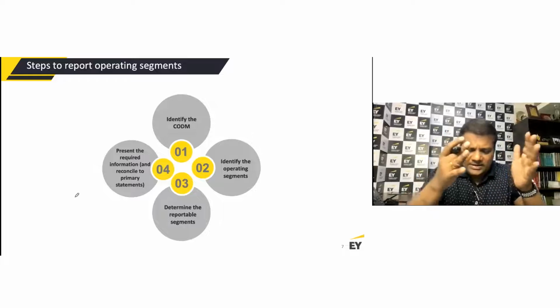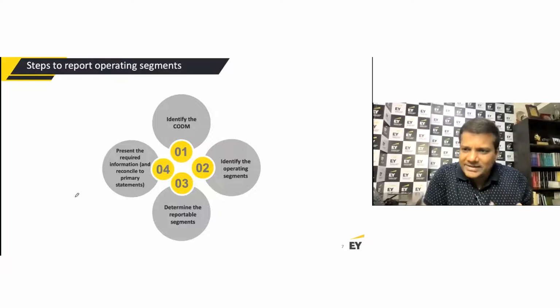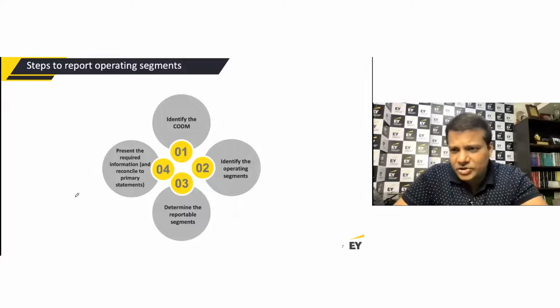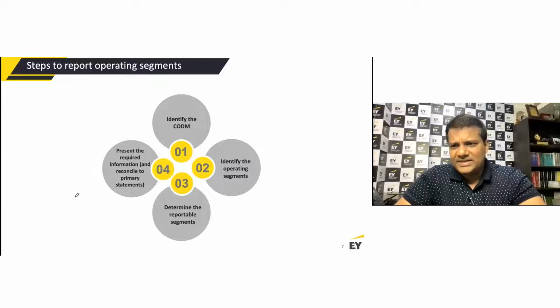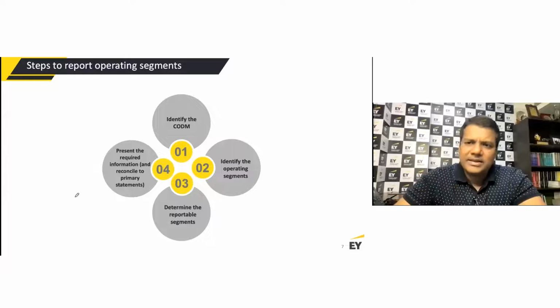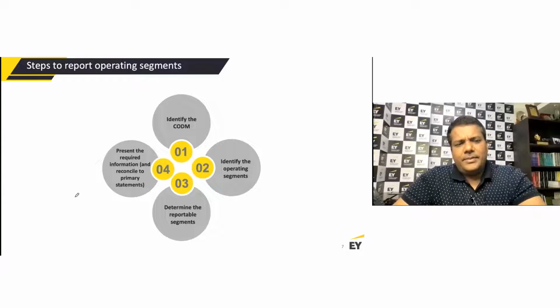So let's say you have the sum total of your operating segments, and then you have your income statement. There could be an element of reconciliation between what you presented as operating segment and your income statement. So you need to have a reconciliation line to ensure that your MIS reconciles to your overall financial performance as disclosed as part of your statement of profit and loss account.